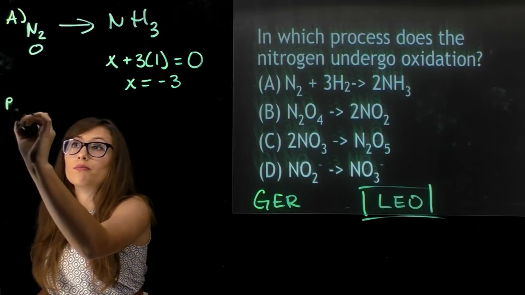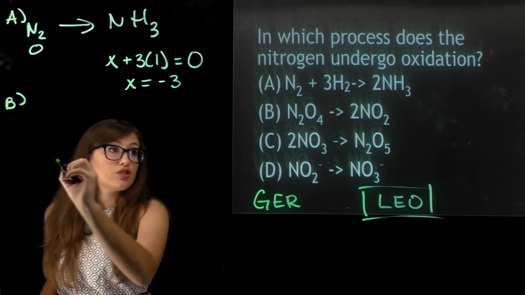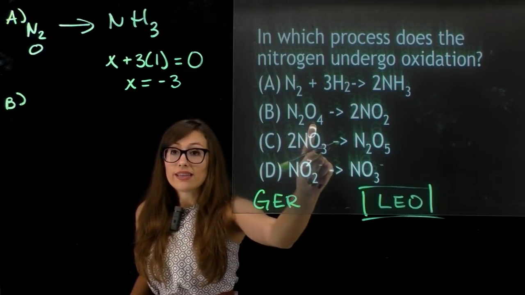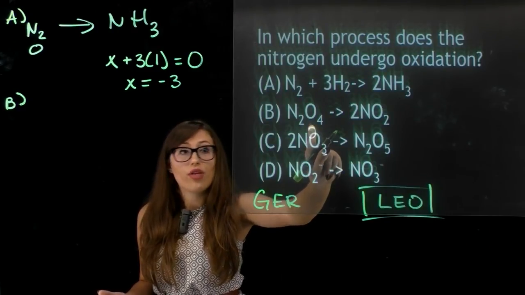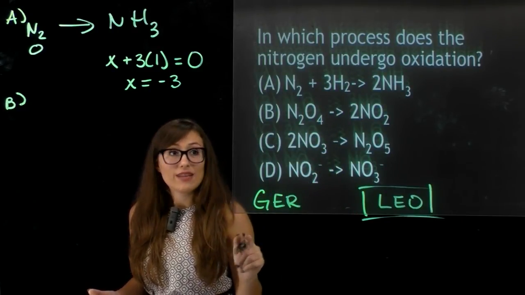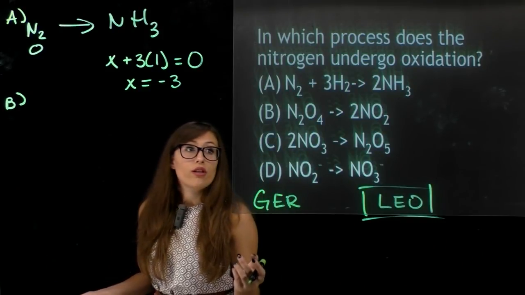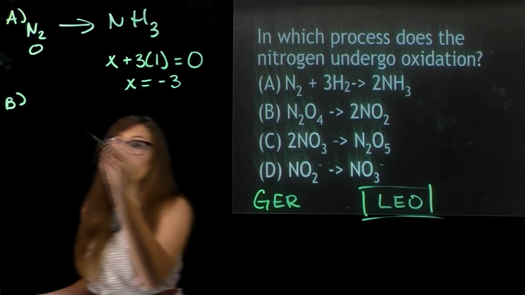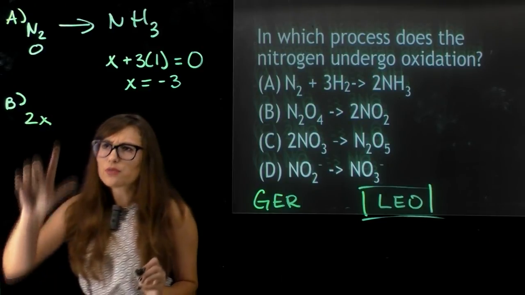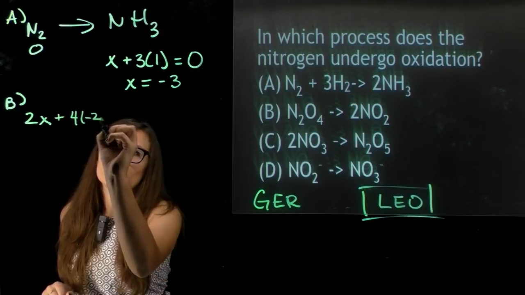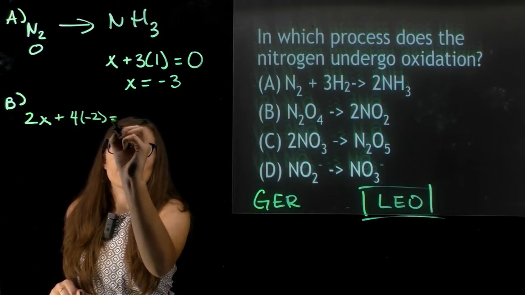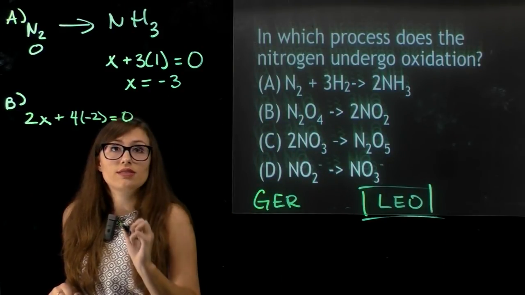So let's do B. So we have N2O4. In this case, the oxidation number of oxygen is going to take precedence over that of nitrogen, so it's going to be -2. And so we don't know the oxidation number of nitrogen, so we're going to put x, because we're solving for it, plus 4 times -2. It's a neutral molecule, so 0.